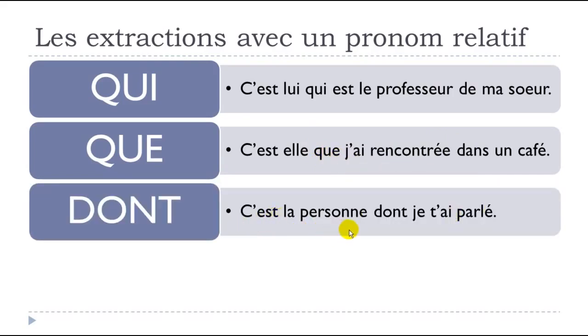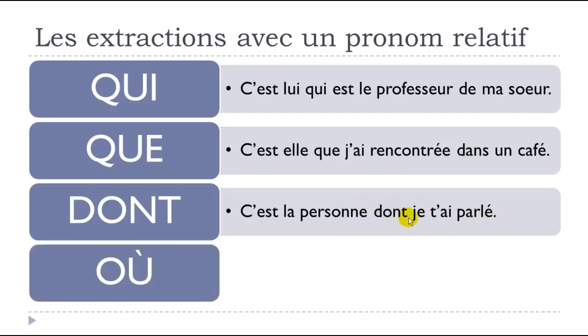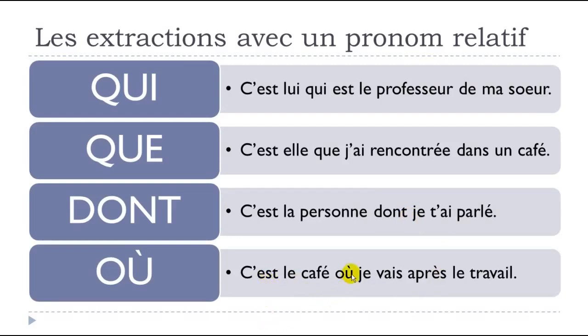Dont, because, remember, parler de cette personne, the complément is introduced by the preposition de. So in that case, you put your pronom relatif dont. And the last one, c'est le café où, just because it's a place, je vais après le travail.